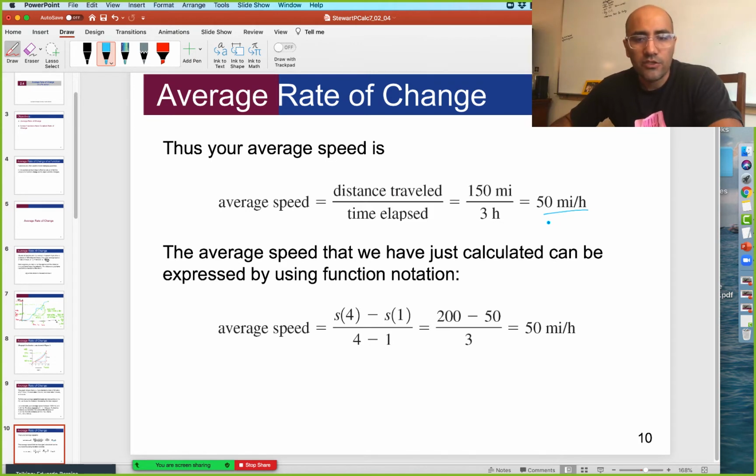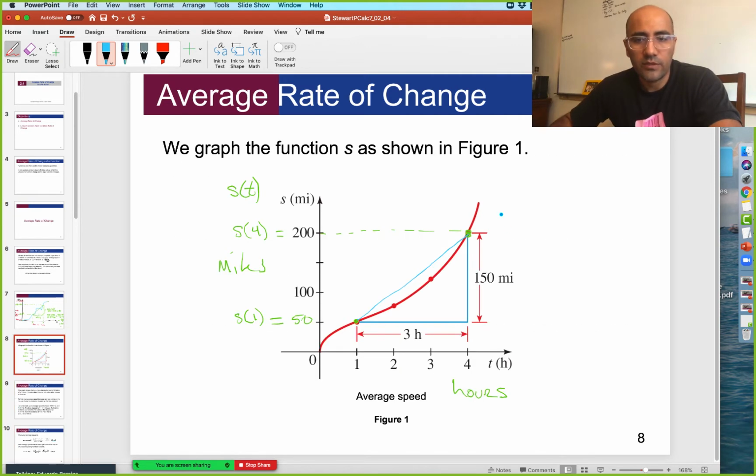Good. Notation-wise, again, we can write it as s of 4 minus s of 1 all over 4 minus 1. And that's what this is. This point is 1 comma s of 1. This point is 4 comma s of 4.